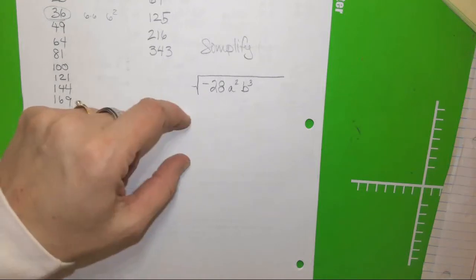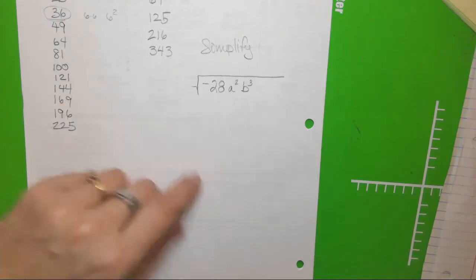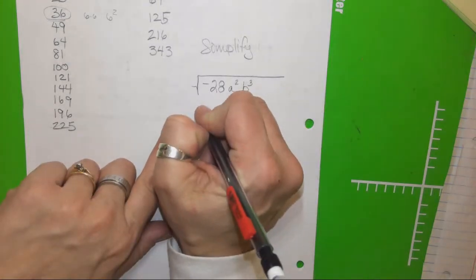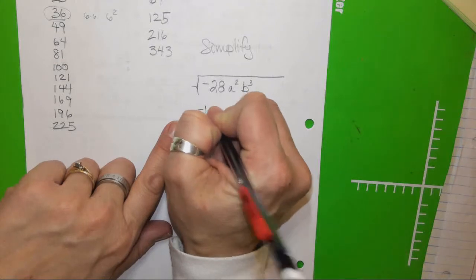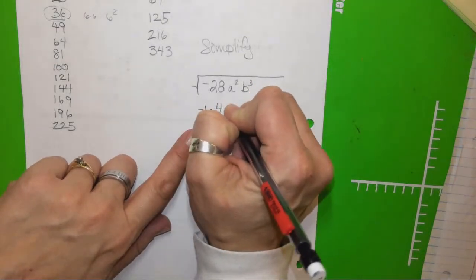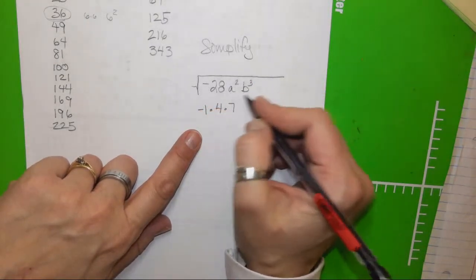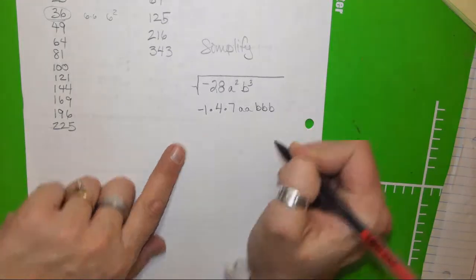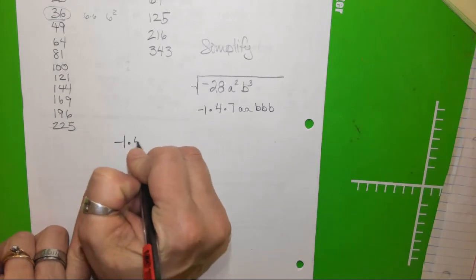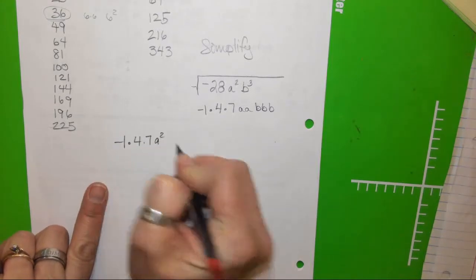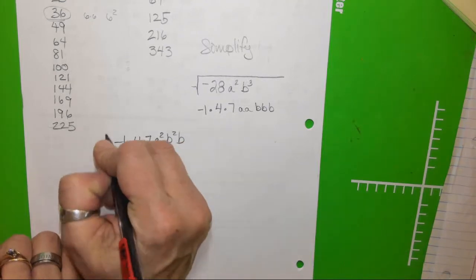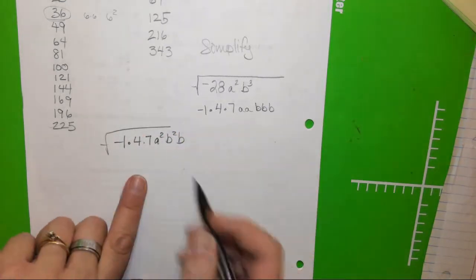So the first thing that we're going to do is write out our factors a little bit. What perfect square is a factor of 28? 4. So I'm going to write it out as negative 1 times 4 times 7, and then I've got my AA, my BBB, or you could have written negative 1, 4, 7, A squared, B squared, B. You could do it that way too.